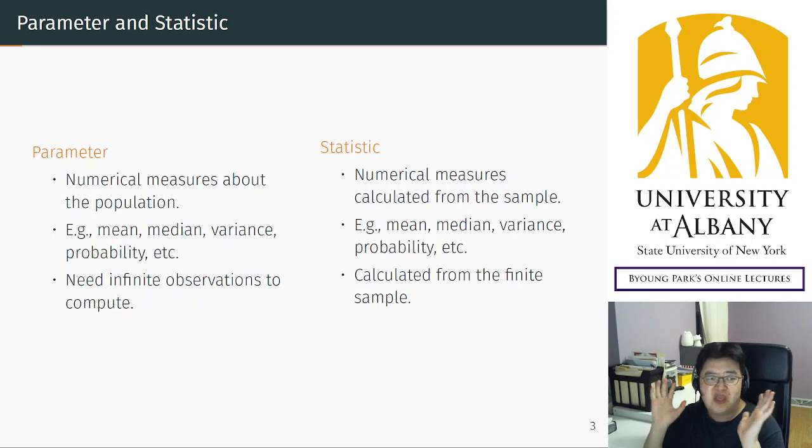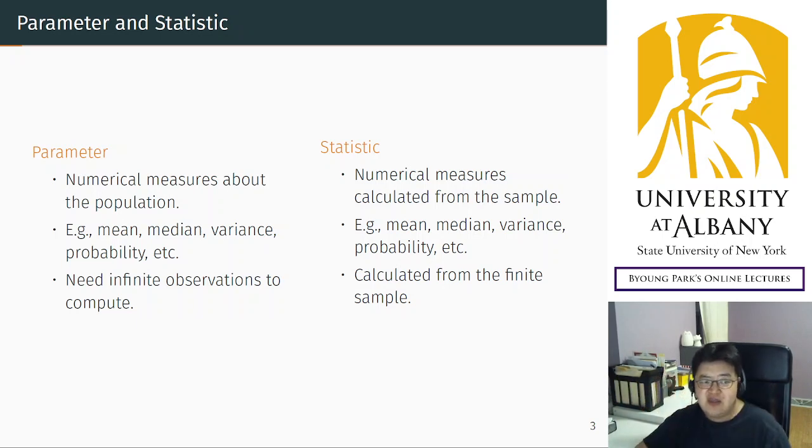Now we will think of the parameter as any measure about the population. Anything about the population is a parameter now in inference. It can be a mean or a median or the variance, probability, whatever.